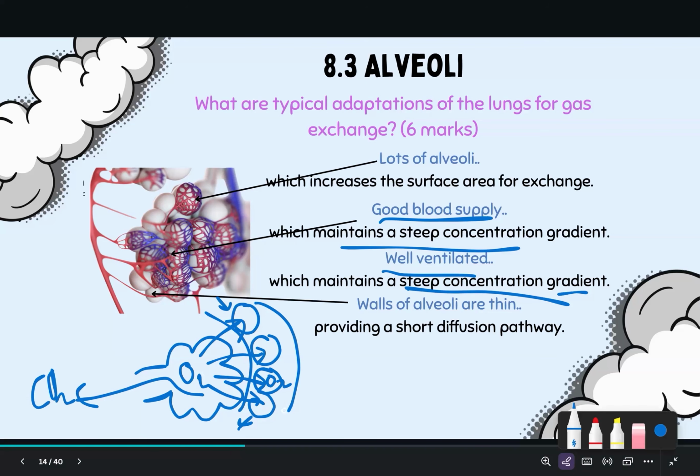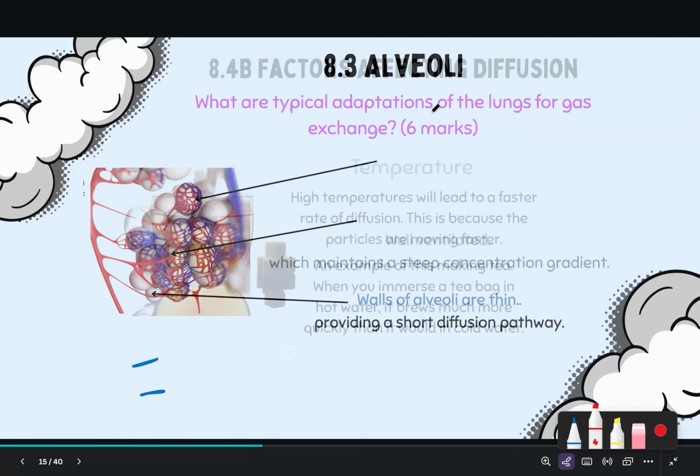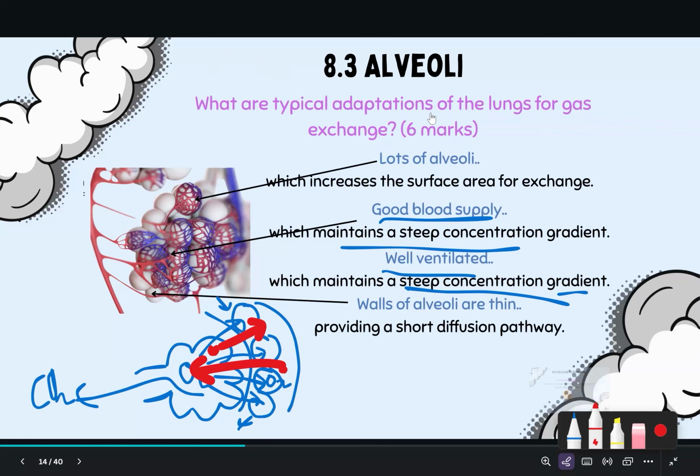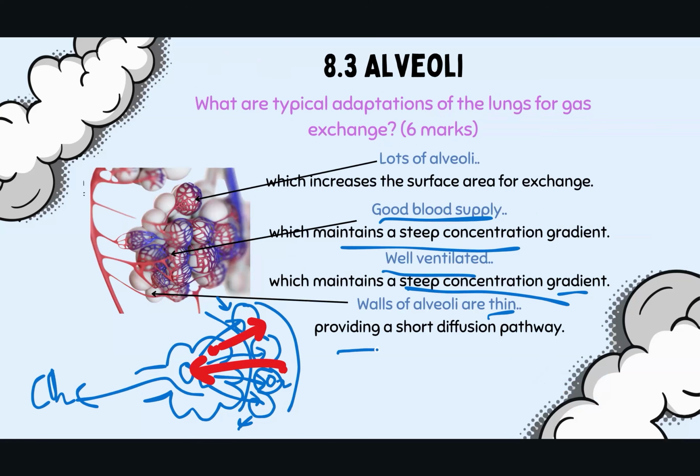So carbon dioxide keeps moving from the blood into the alveoli, and the oxygen keeps moving from the alveoli into the blood. We've always got a concentration gradient. Next thing, the walls of the alveoli are thin, and that provides a short diffusion pathway. So you've got four different adaptations, and you've got four explanations. It needs to be memorized.